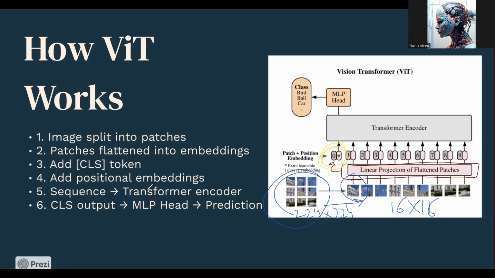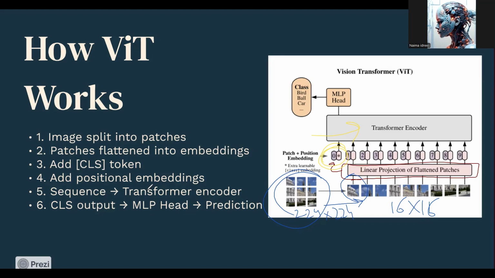This is used to predict the final class later, like whether this image is a bird or a car, something like that. So when passed to the transformer encoder, we have the patches, the position embeddings, and the class token. These are fed as a sequence.